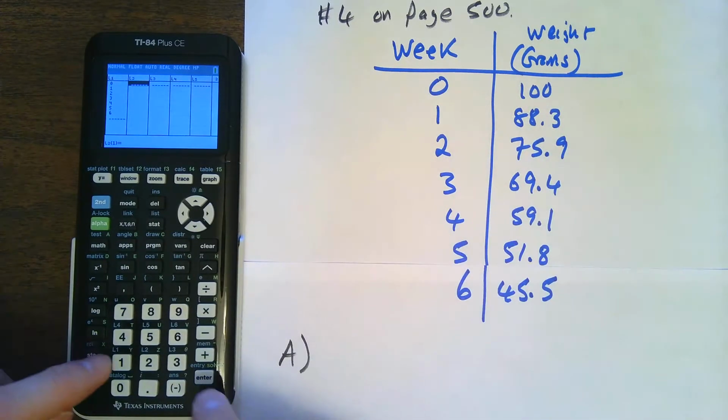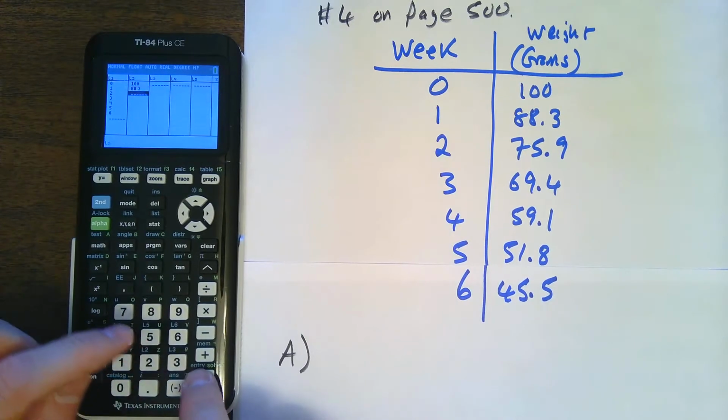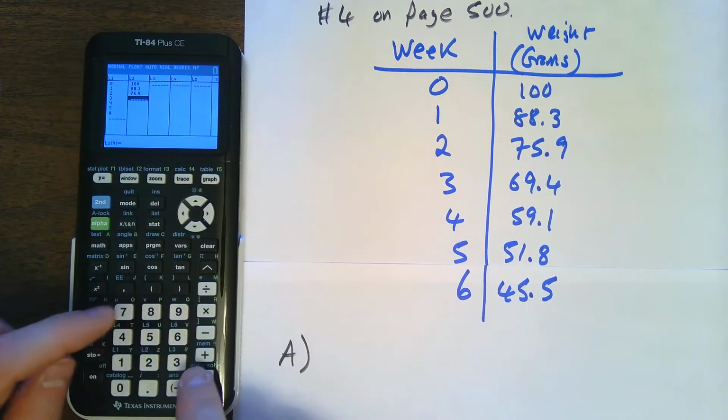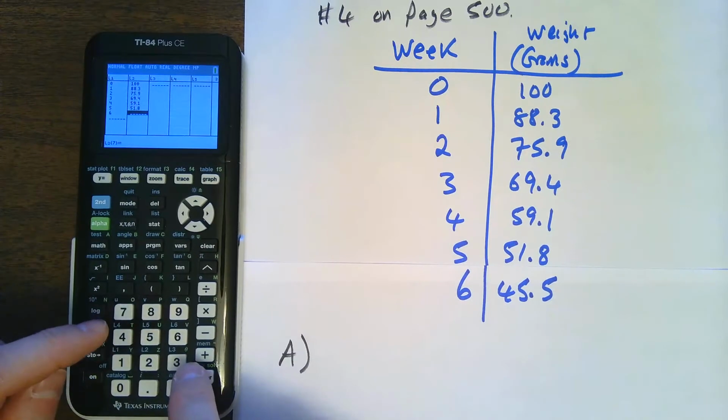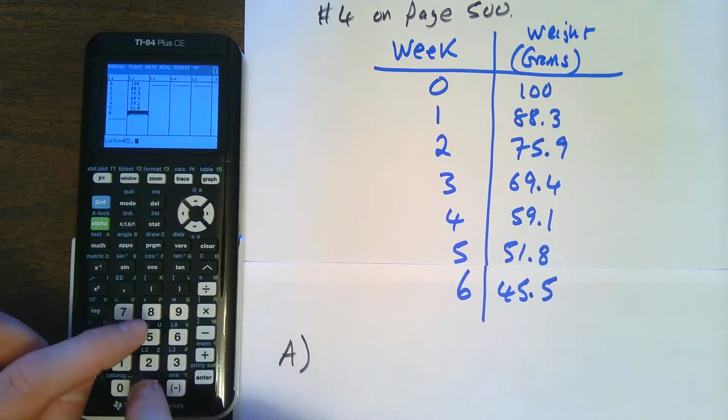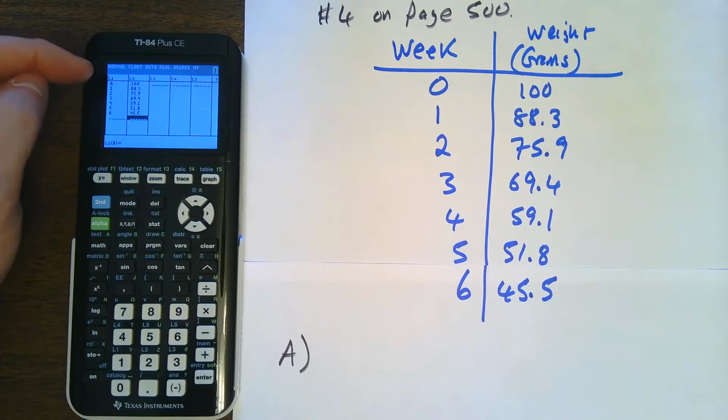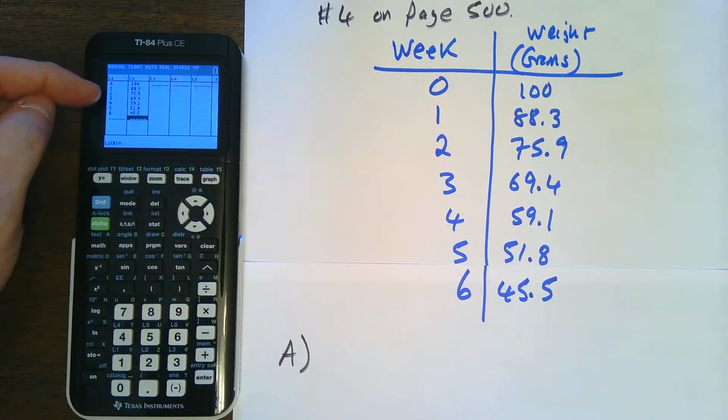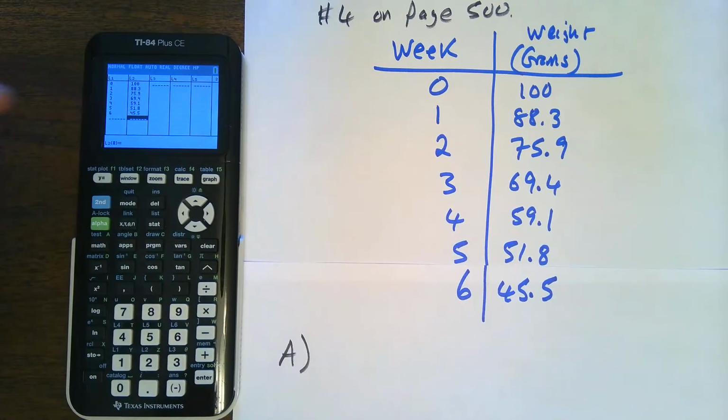List 2 is going to be the corresponding weight: 100 grams, 88.3, 75.9, 69.4, 59.1, 51.8, and 45.5. Let me double check this: 0, 100, 1, 88.3, 2, 75.9, 3, 69.4, 4, 59.1, 5, 51.8, 6, 45.5. If you don't have this in there, go ahead and hit pause until you've got all this data entered, and we'll move on.